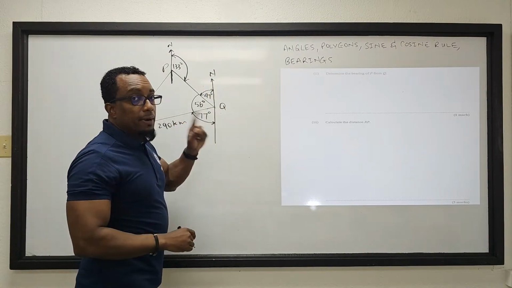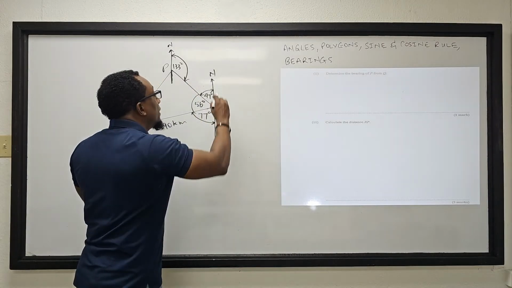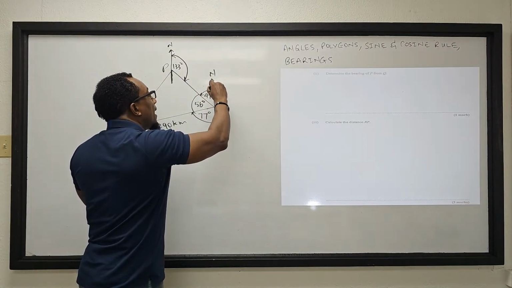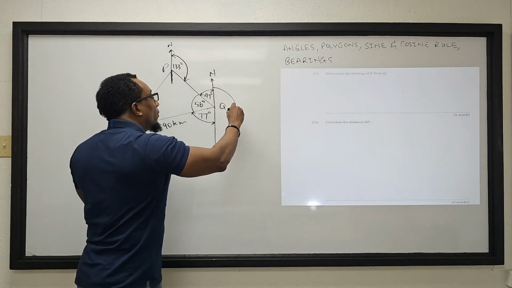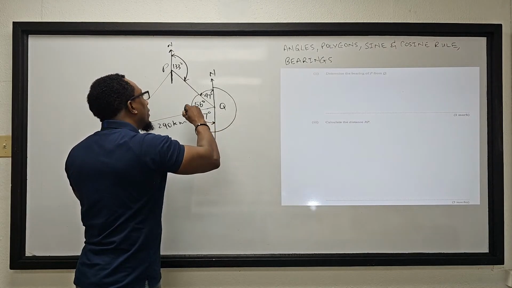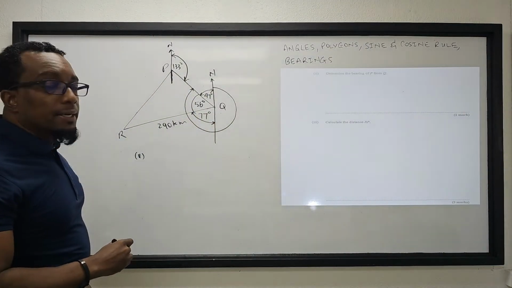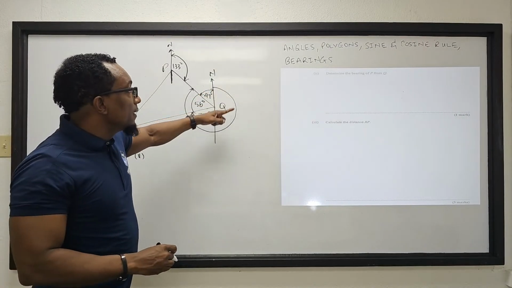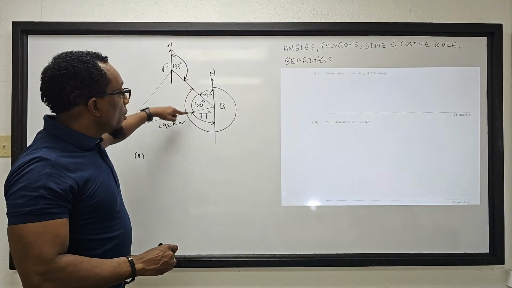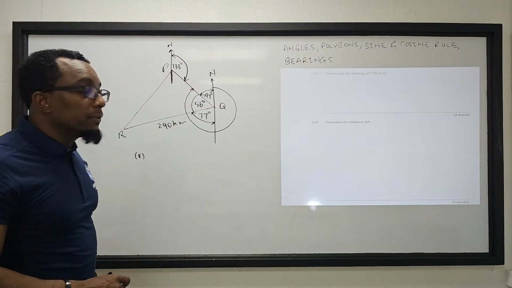And remember P from Q, so you're setting up your node at Q, and you move in a clockwise direction all the way around to the line connecting P and Q. So this entire angle is your bearing of P from Q.